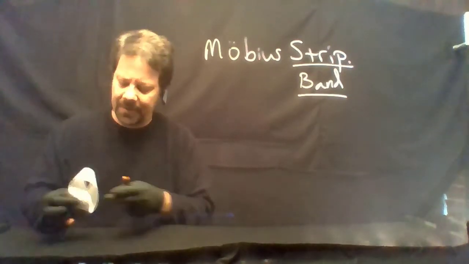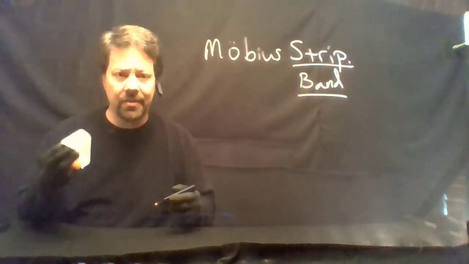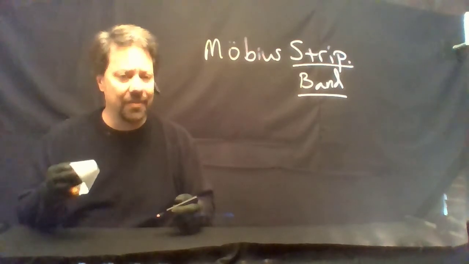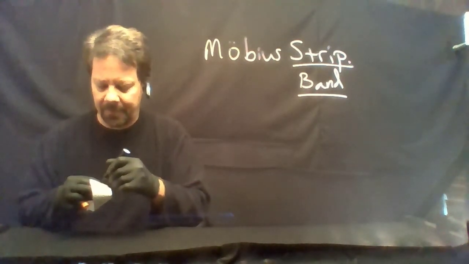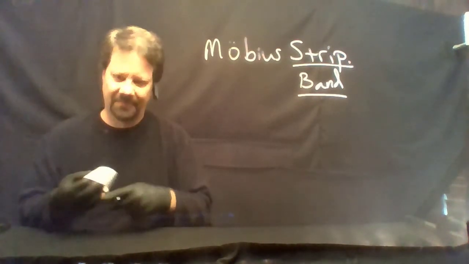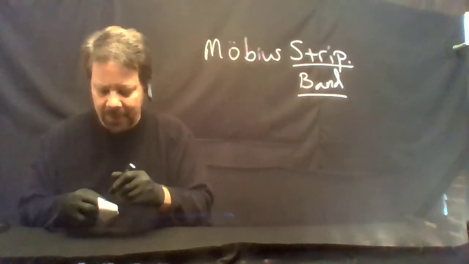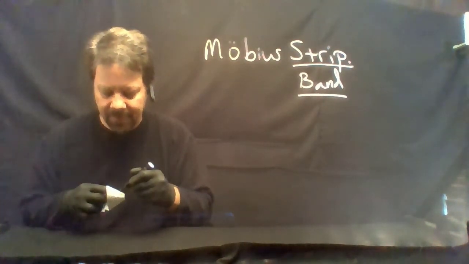Now, let's suppose that we have a creature that lives on this surface as this creature's entire universe. This creature's name is a square. Now, we're going to presume that a square does not live on the surface.